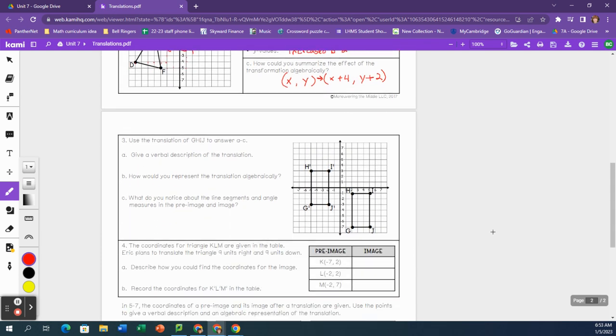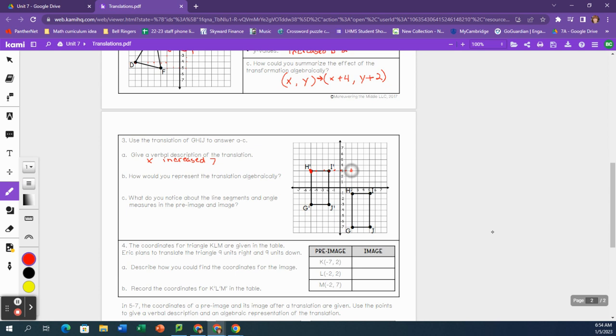Okay, let's look at the next one down here. Or on the back. I guess it's on the back. Use the translation GHIJ to answer what's going on. Give the verbal description. So let's see what happened with our H. Here's our first H. 1, 2, 3, 4, 5, 6, 7. So we increased 7. Okay, so verbal description is X increased 7.